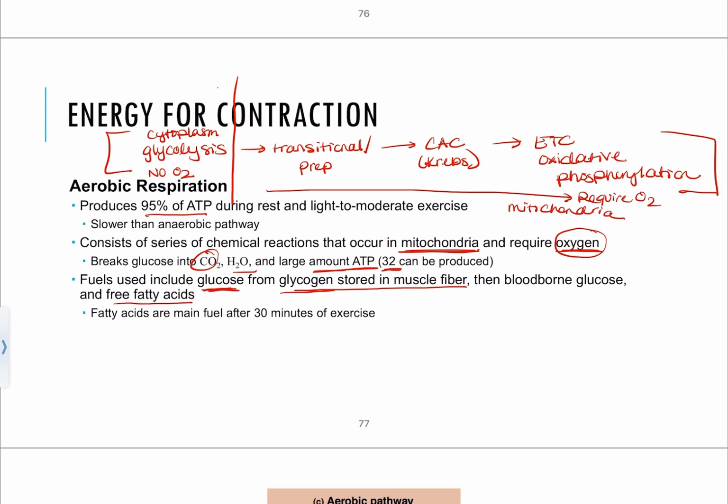They can enter in at different places within the citric acid cycle or glycolysis itself. And we can even use proteins. So amino acids can go in and they can also be used as a source of energy. If we're exercising beyond 30 minutes, typically we're going to be using fatty acids at that point because we've used all of our free blood glucose and our glycogen storage.